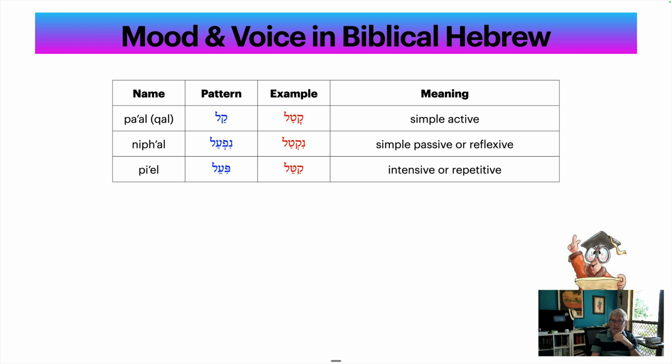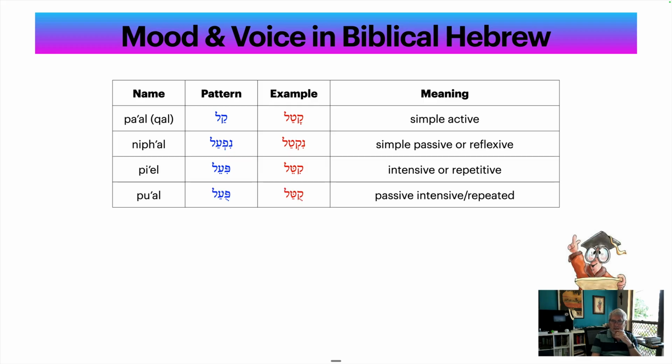The piel introduces the idea that something is repetitive or being intensified, and this is more to do with aspect than with mood or voice. We talked about aspect last week. Pual is passive, hence the voice part coming in, but it's the passive form of the piel, so it's still to do with something which is intensified or repeated, made more powerful, but now it's in the passive sense.